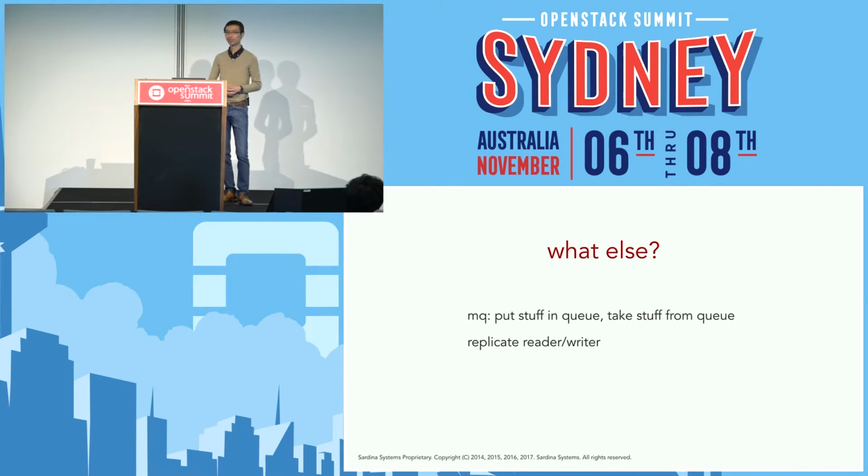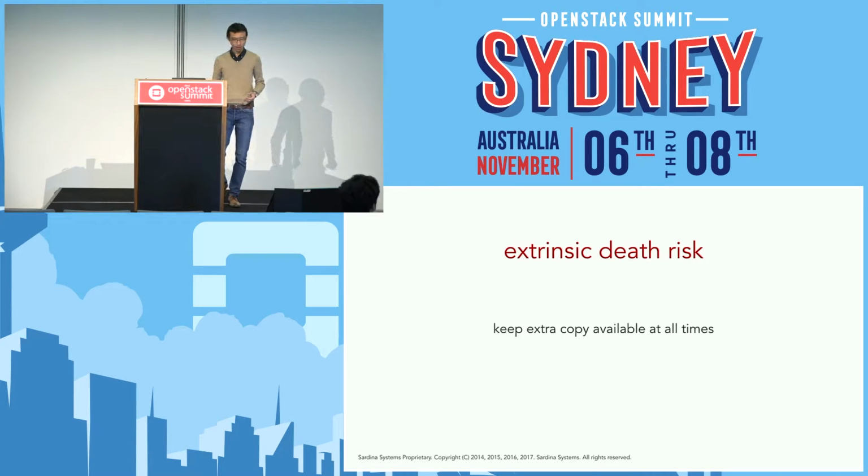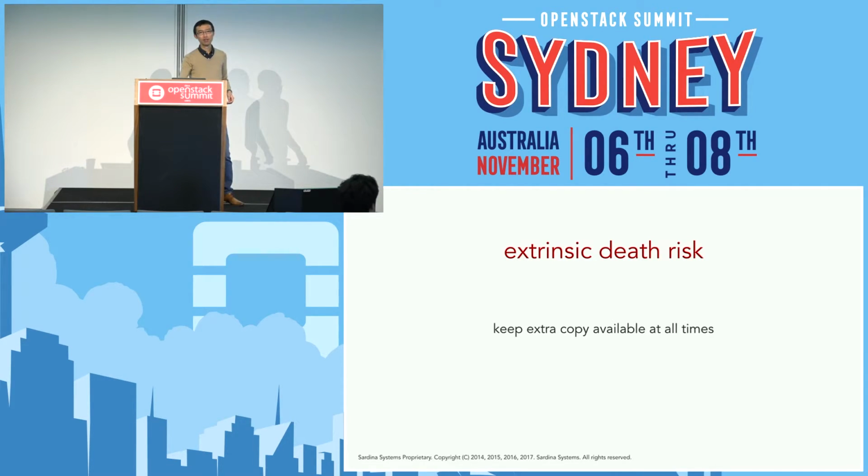So therefore, replicate the readers and the writers. So for extrinsic risk, we therefore keep an extra copy at all times. That's the core principle. Is that all? Yep.